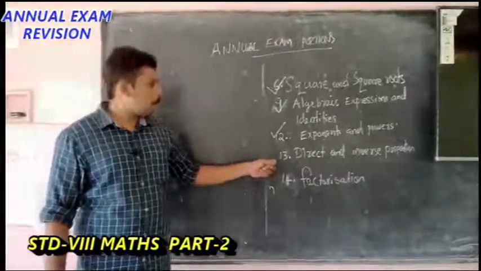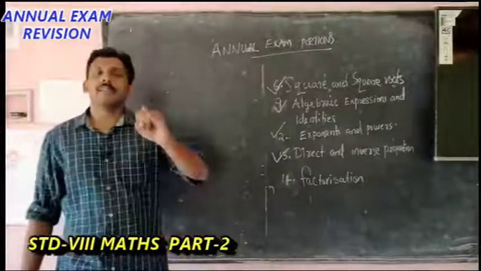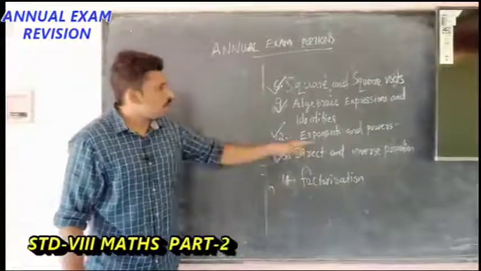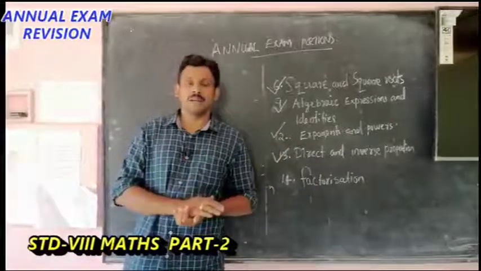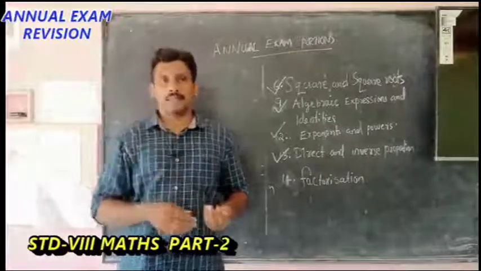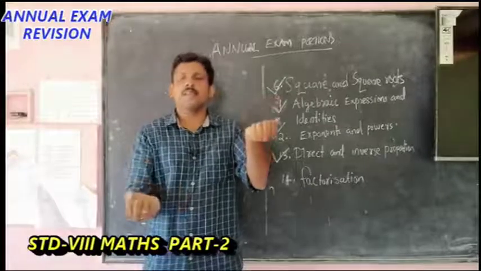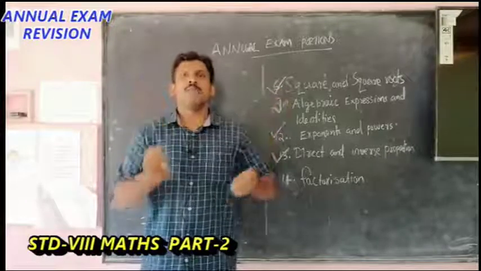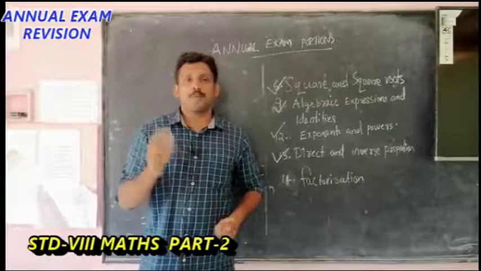What are the important points in this lesson? What we have discussed in this lesson is direct and inverse proportion. What do you mean by direct proportion? We have already learned that. If we have two quantities and one is increasing, the second one is also increasing, then we can say that is direct proportion.